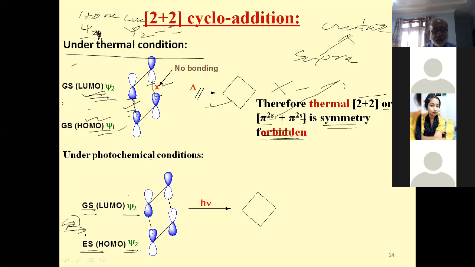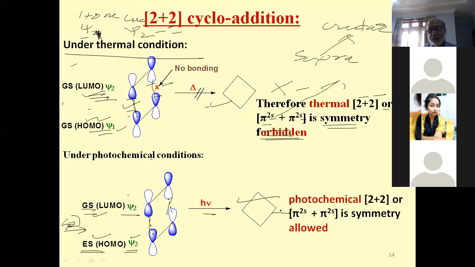So what happens here? The excited state is psi 2, and the ground state is psi 2. You see now that psi 2 is antisymmetric in both cases. This one and this one have the same phase, so there is overlapping, and we get a molecule of cyclobutane. This is photochemical 2 plus 2 cycloaddition, where pi 2 S plus pi 2 S is symmetry allowed.